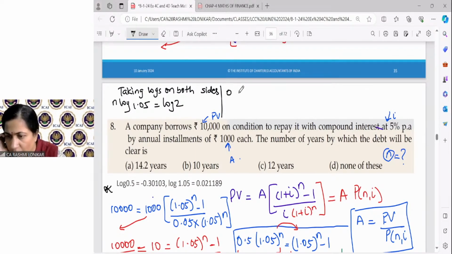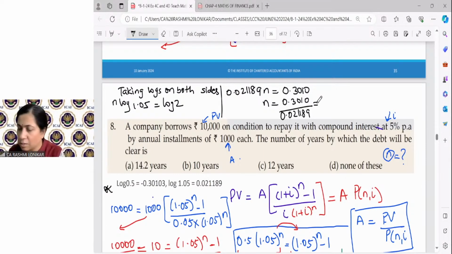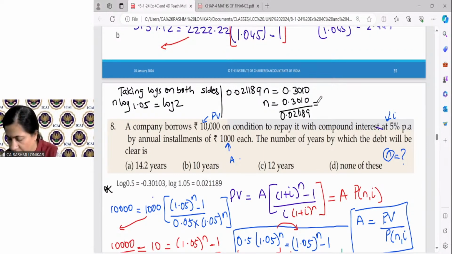So 0.021189 into n is equal to 0.3010. And n will be equal to 0.3010 upon 0.021189. Now how much is this? 0.3010 divided by 0.021189 is equal to 14.2 years. Okay.